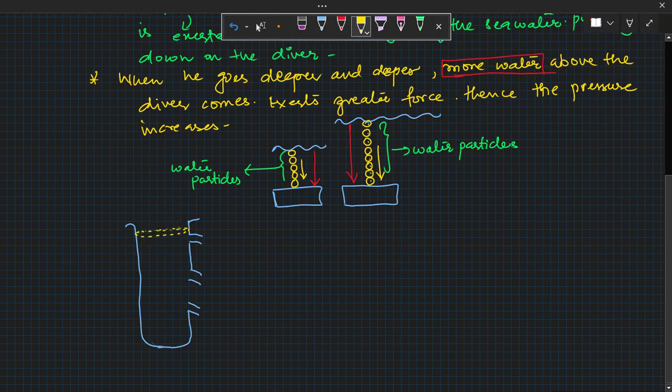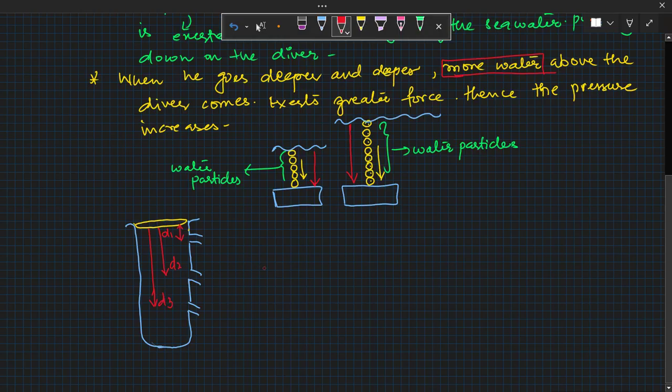Let me make it higher, so that the distance is noticeable. Now say this distance is d1, this distance is d2, and this distance is d3. Clear? So this distance is d3.